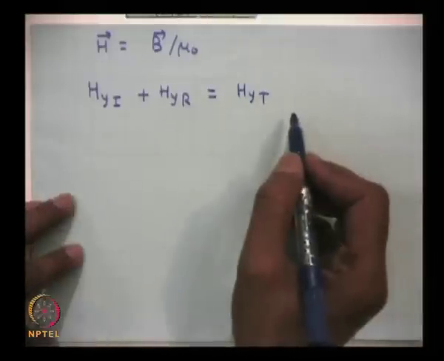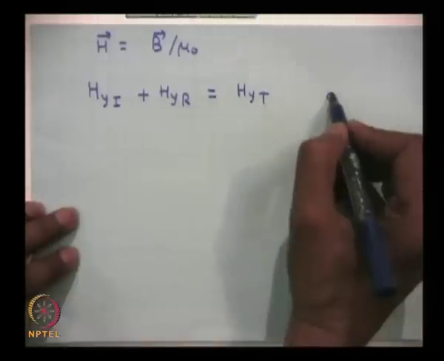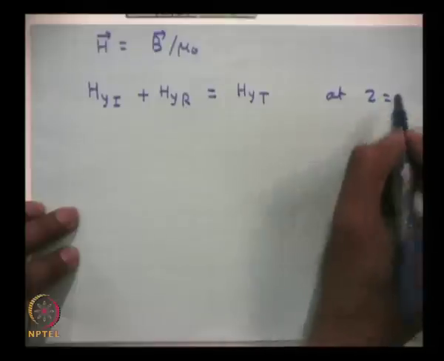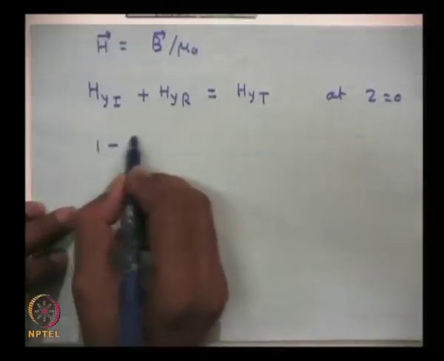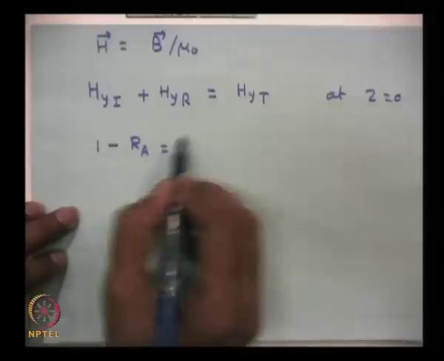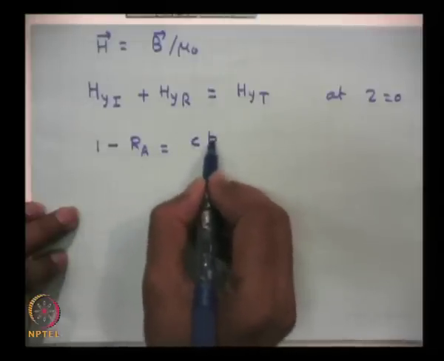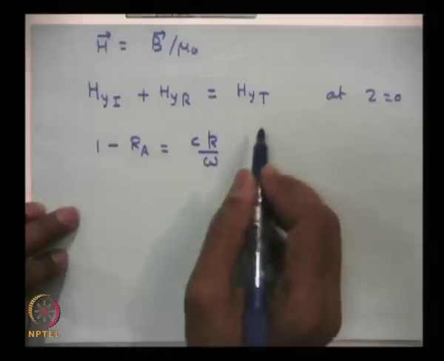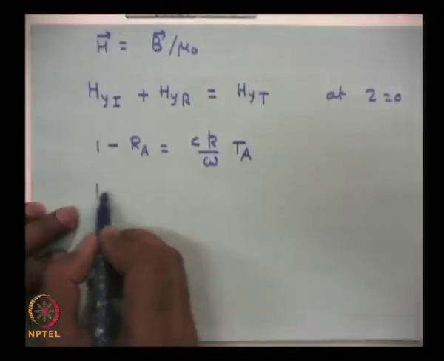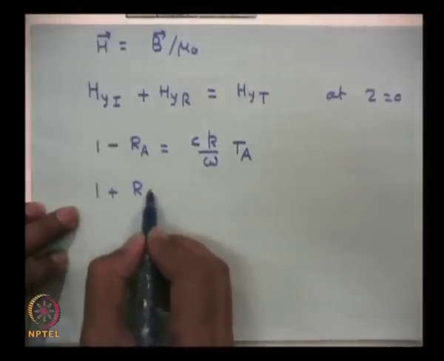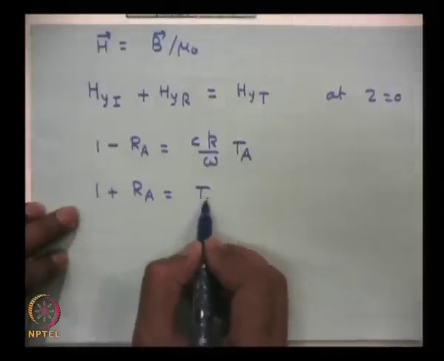Apply this at z equal to 0. The condition turns out to be 1 minus Ra is equal to Ck upon omega into Ta. The other equation was 1 plus Ra is equal to Ta.